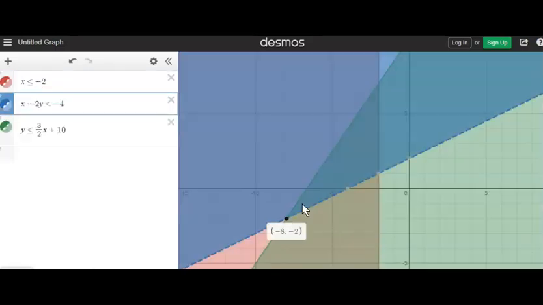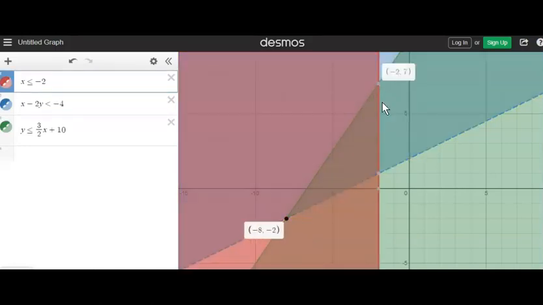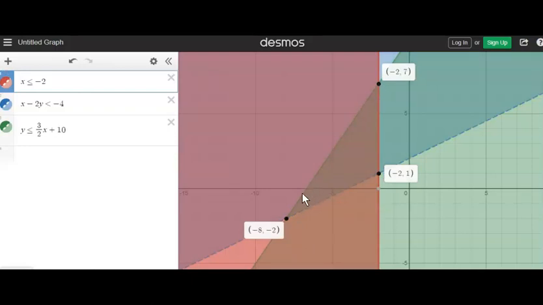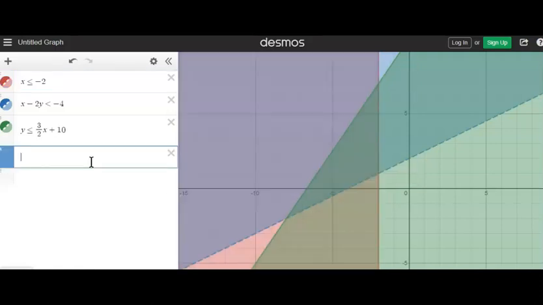So here is our feasible region, this triangle right here. And a point that could be in this looks like -5, would work.